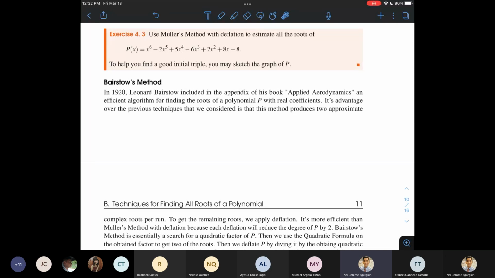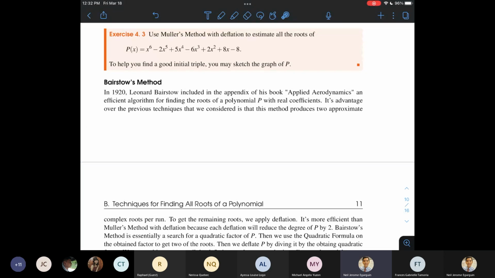Alright? And this will work well with the deflation process. Kasi at every step of the way, after running Bairstow's algorithm, lagi tayong may makukuhang dalawang roots kagad, so we can deflate the polynomial by 2 degrees at a given time. So mas mabilis nating maibababa yung degree ng polynomial na pinaglalaruan natin down to a quadratic or to a linear deflated polynomial.